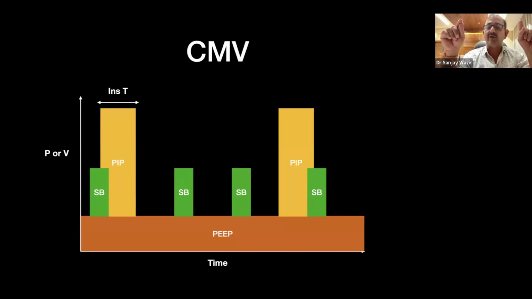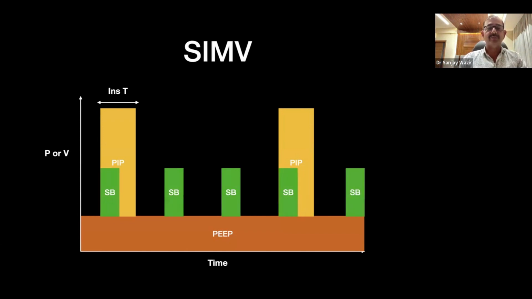What might happen is that when the ventilator starts going into expiration, the baby starts breathing. So there is a complete asynchrony between the ventilator and the baby. So this is the most uncommon form of ventilation, and nobody uses CMV in an awake child or a spontaneously breathing child.